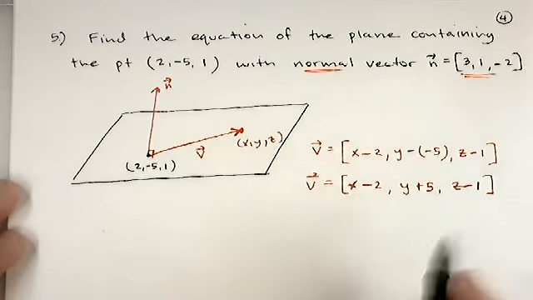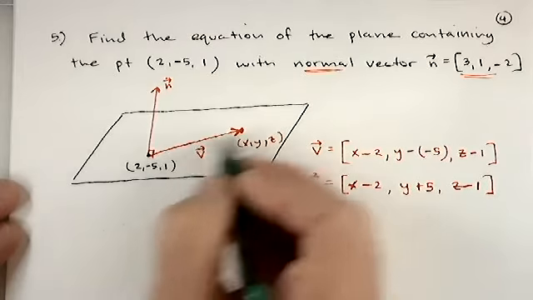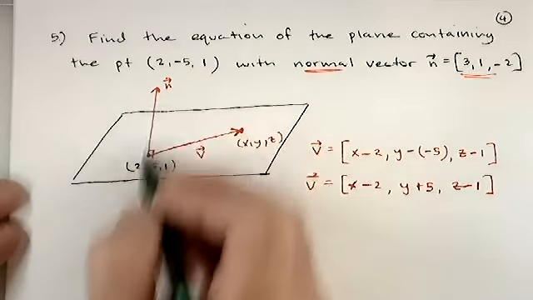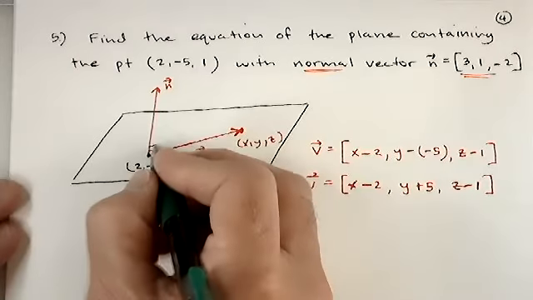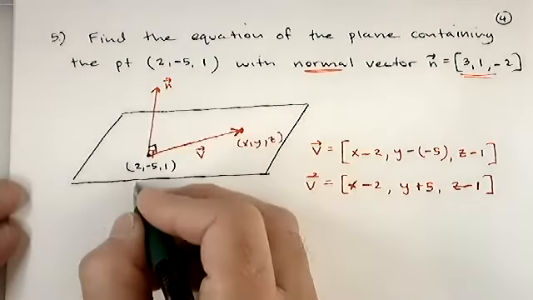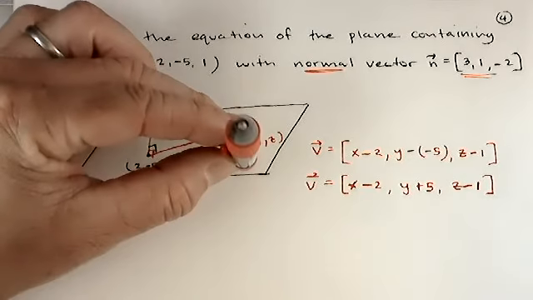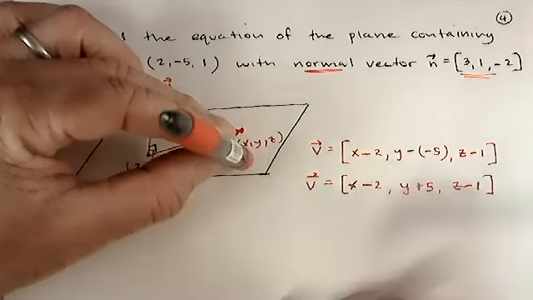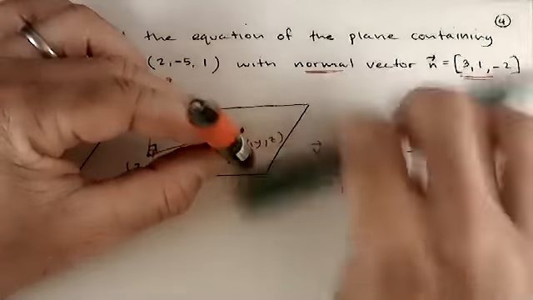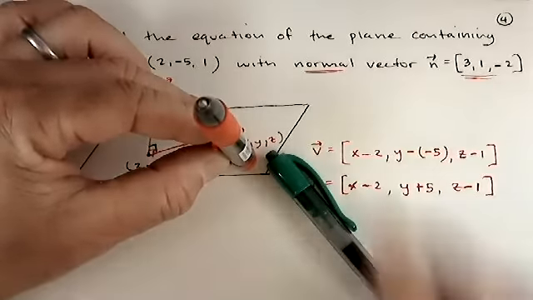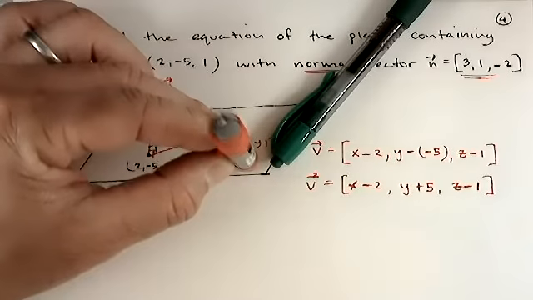And here's how we can get the equation of the plane. This vector V is in the plane, right? And we know N is perpendicular to the plane. So there's a right angle between this vector and this vector. Think about it: let's say my pen is pointing straight up from my piece of paper, and this green pen is lying down flat on the plane. There's an infinite number of vectors that are perpendicular. If my green pen is lying on my paper, it is perpendicular to this.